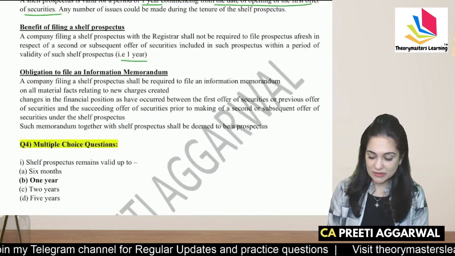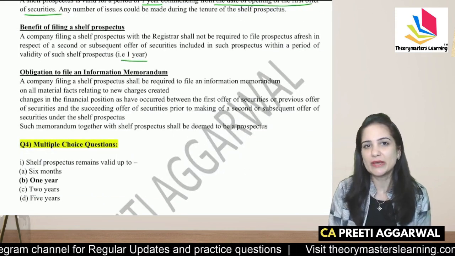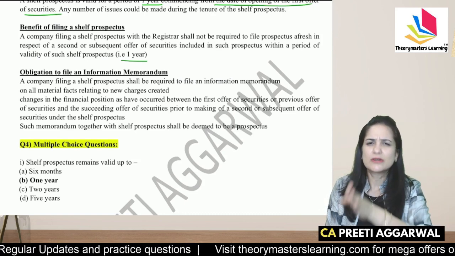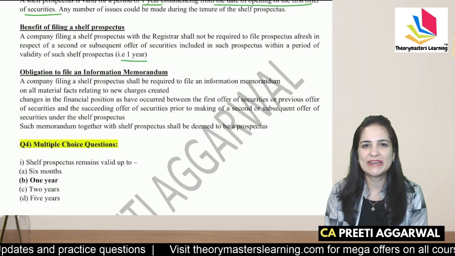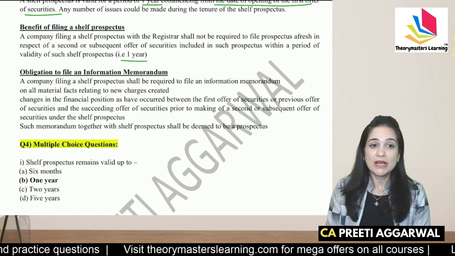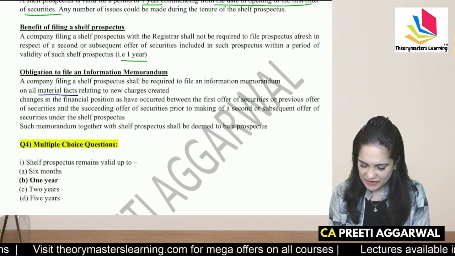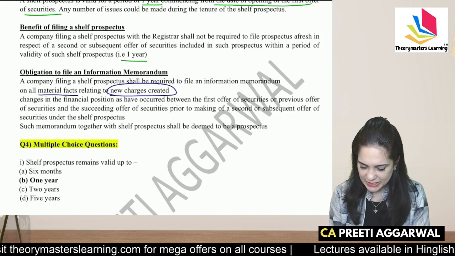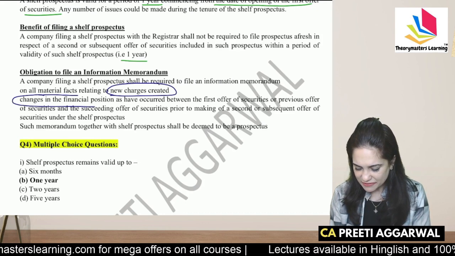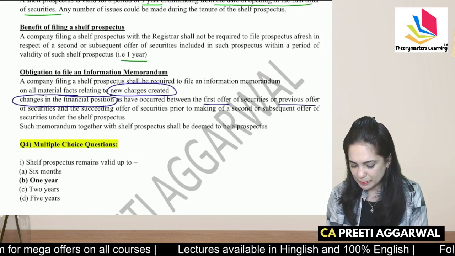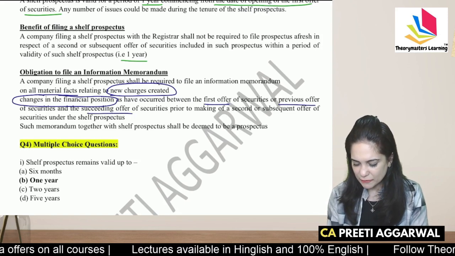लेकिन second, third, fourth offer of security में कुछ ना कुछ तो change होगा. So in that case, at the time of second, third or subsequent offer, you will file an information memorandum. It will give information about all the material facts relating to new charges created, changes in the financial position as have occurred between the first or previous succeeding offer of security.